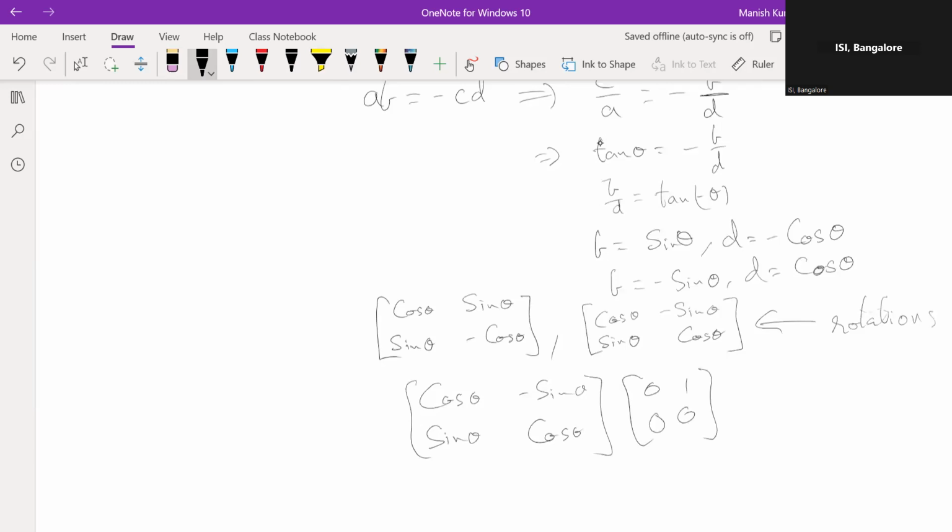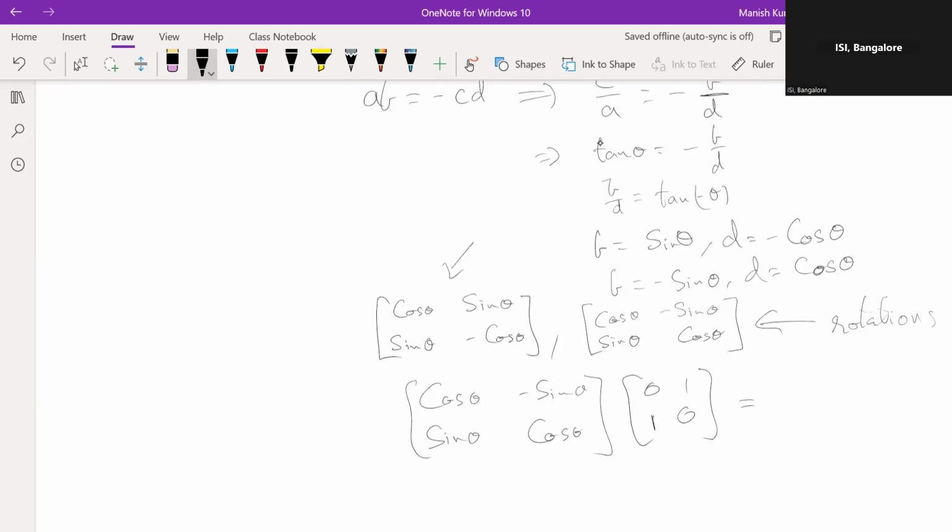So for instance, if you take theta to be pi over 2 in this formula, you will get 1, no 1, 0. So if you multiply these two, what do you get? You're getting something silly.